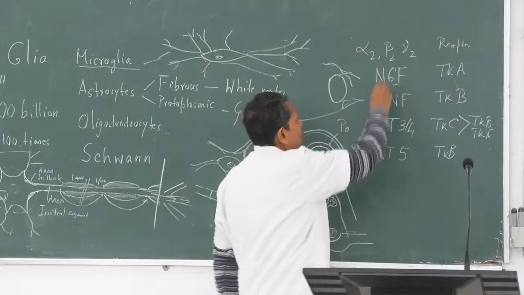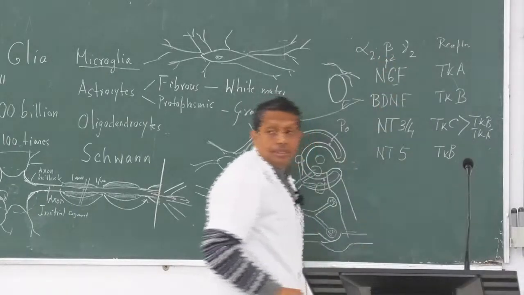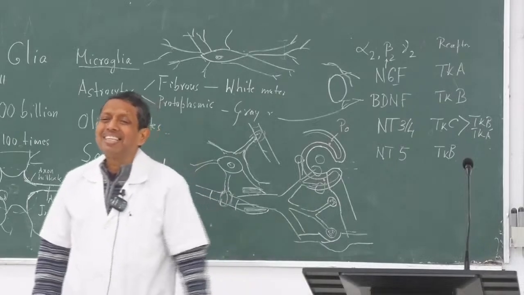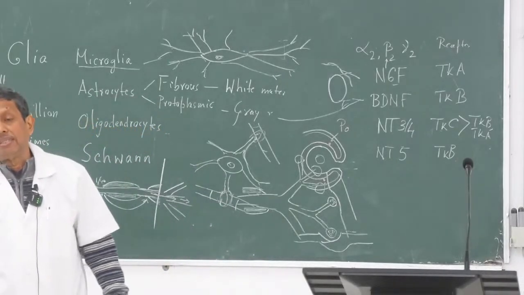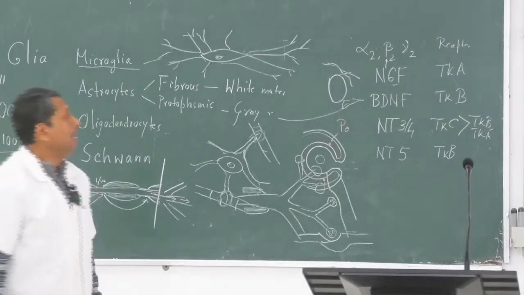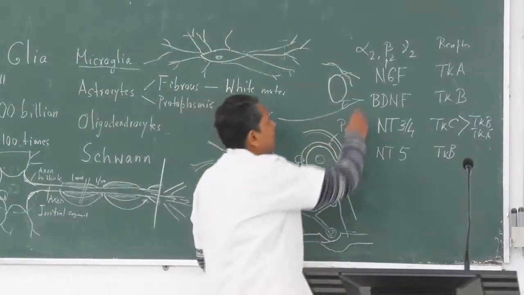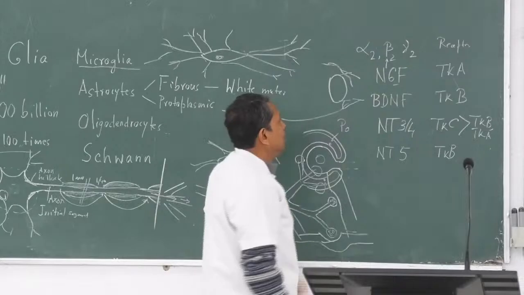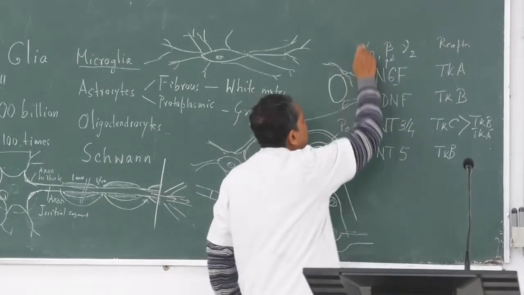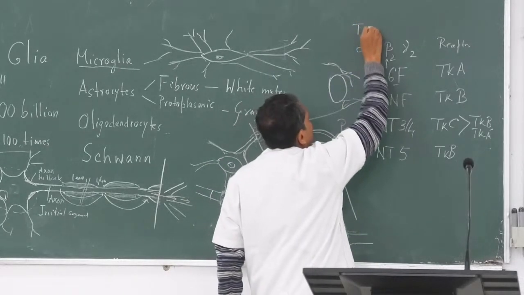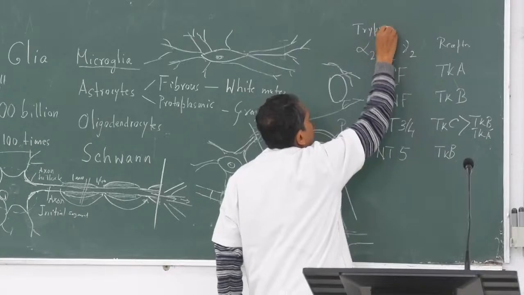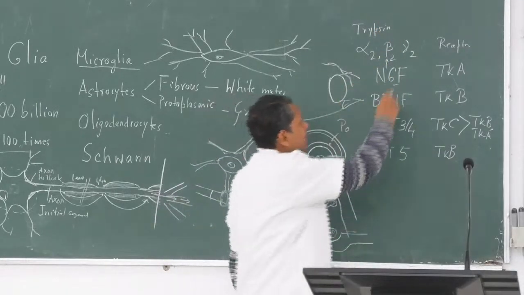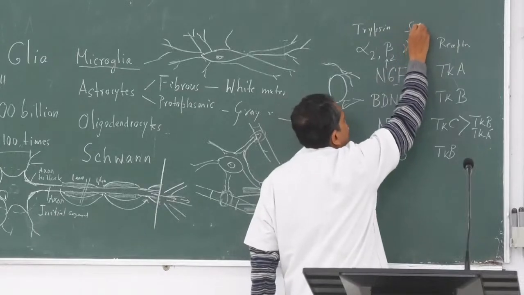Its molecular weight is given as 13,200, and the beta unit is responsible for the nerve growth activity. The alpha unit has trypsin-like, pancreatic enzyme-like protein activity, and the gamma unit also has serine protease activity.